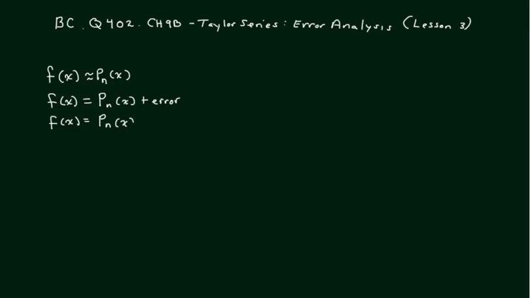So f of x is the polynomial plus some remainder. You will notice, please, that this n says that the remainder follows this polynomial of order n. So we conclude by saying that the error in magnitude is equal to this remainder, which is then in turn equal to f of x minus the polynomial.